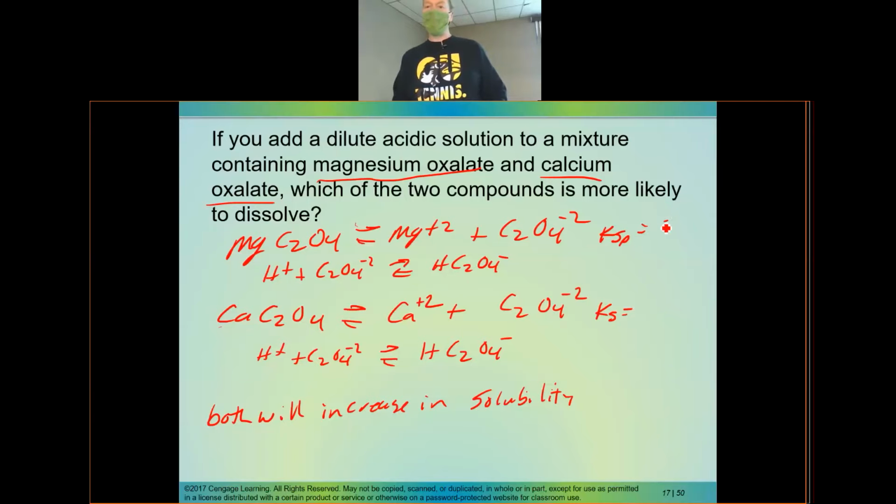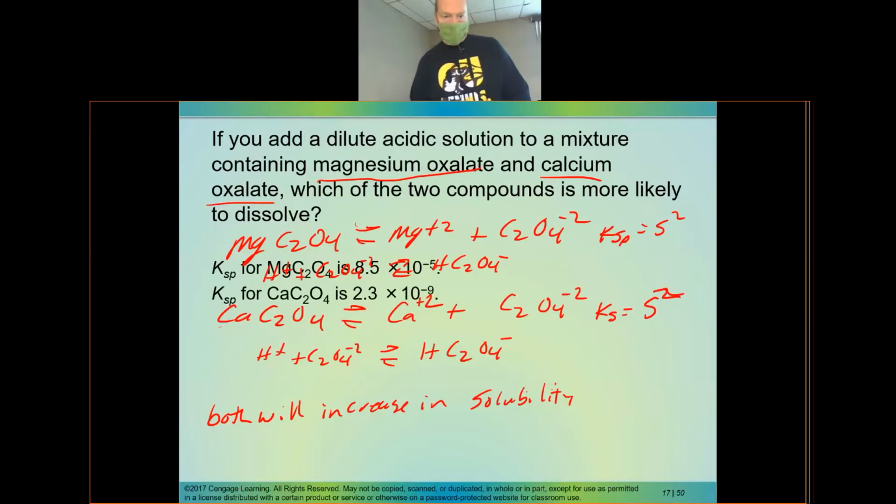So finding which one is the most soluble is all based on the KSP. For both of these, it's S squared. It is the magnesium plus the oxalate, so it is S times S, S squared, and the same for calcium and the oxalate. So when you look up the KSP values, for the magnesium oxalate it is 8.5 times 10 to the minus 5, and for the calcium oxalate, we already had that one at 2.3 times 10 to the minus 9.